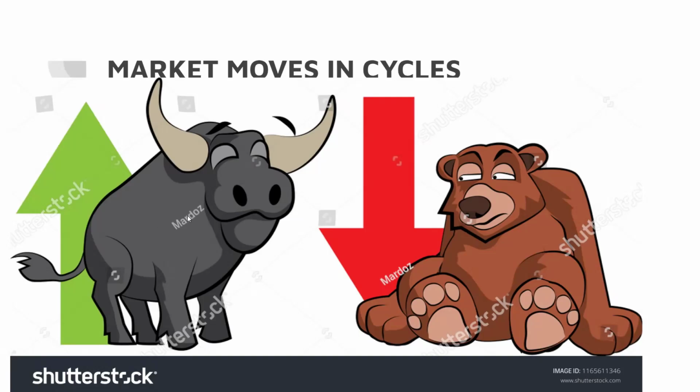This bull is standing up and the bear is sitting down. So the market moves up and down, down and up and down. This is how the market moves in cycles.